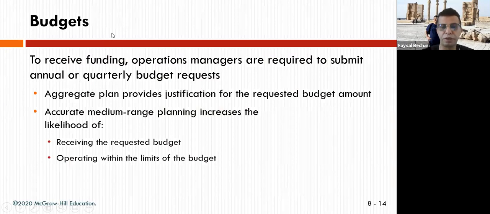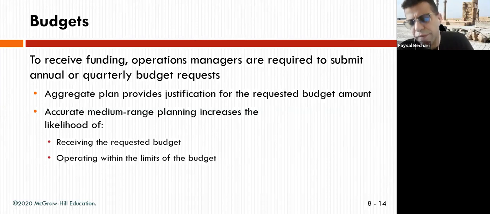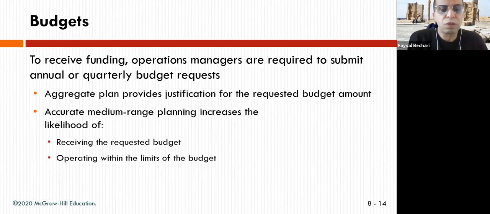Now you have the budgets. Operation managers usually submit their budget according to the requirements of the management, and they adjust the budget according to the demand of the market. To receive the funding, operation managers are required to submit annual or quarterly budget requests.